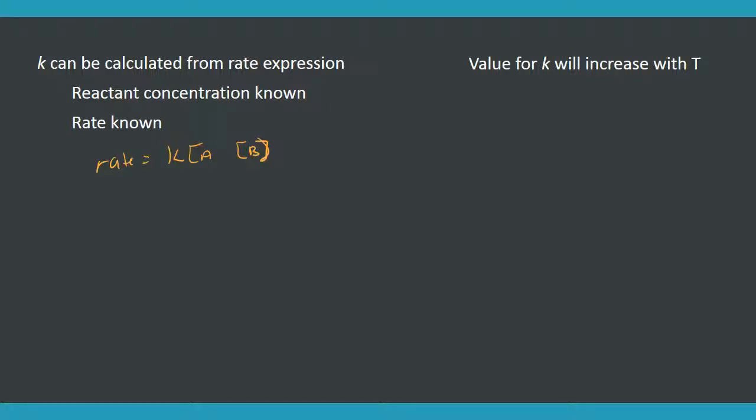So calculate the value of K, including units, for the reaction when the concentrations of both A and B are 2.50 times 10 to the -2 moles per decimeter cubed.